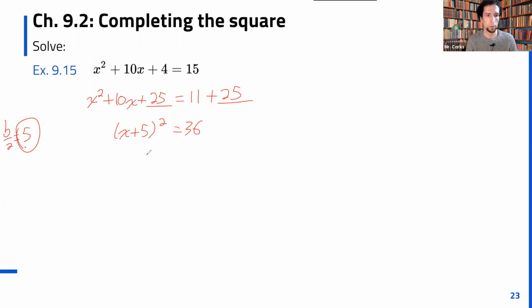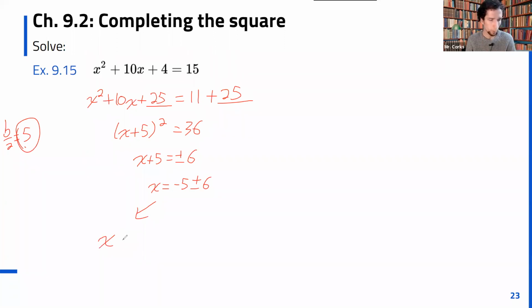Just do the square root of each side as before. X plus 5 equals plus or minus the square root of 36, which is 6. So x is equal to, I'll write it this way, -5 plus or minus 6. So here, no weird square roots or anything.